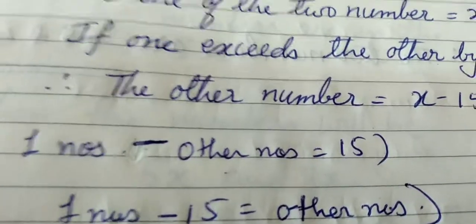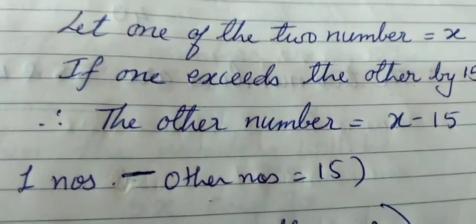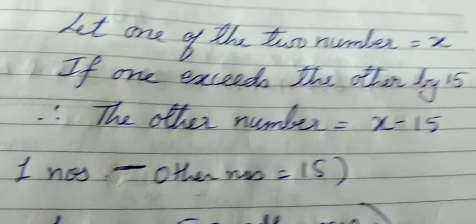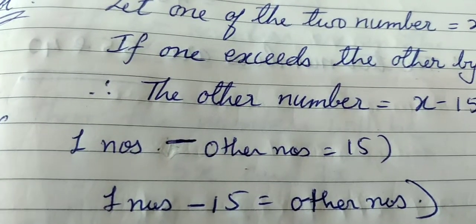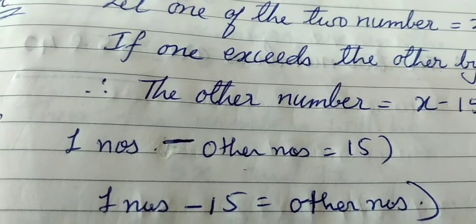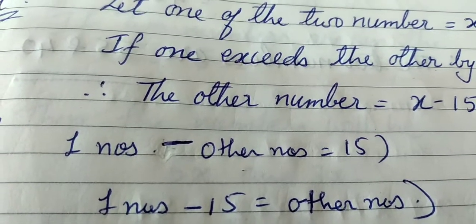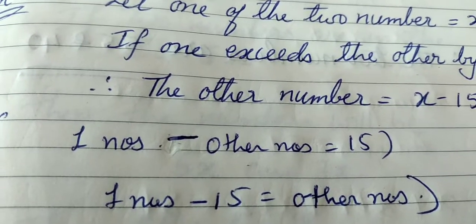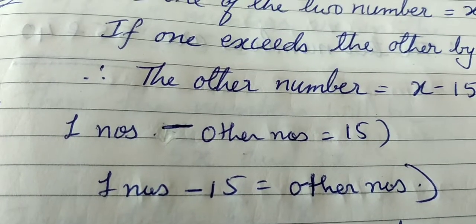Okay, one number minus other number is equal to 15, because it is given that one number is 15 more than the other number. So we have to subtract to find out how much more it is. We normally find out how much more or how many more. For that we do subtraction of two numbers. So number 1 minus the other number is equal to 15, right?